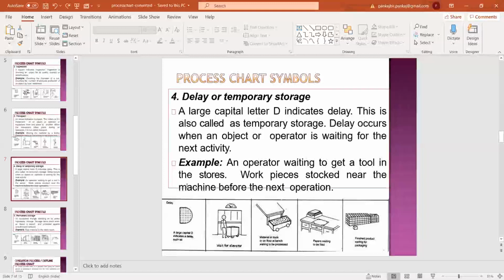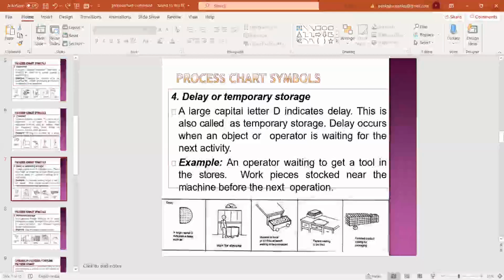The symbol D indicates work waiting between two consecutive operations, or objects laid aside before the next operation is performed on them. For example, if there is a power failure and you cannot work meanwhile power does not resume, it will be represented by the symbol of delay, which is D.